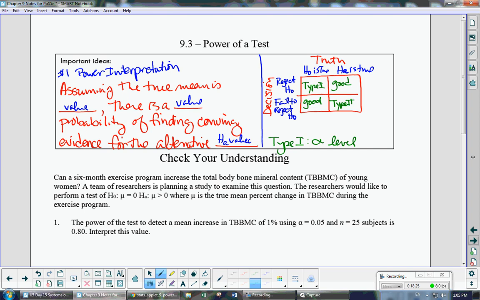Type 2 error is down here. Type 2 error is again saying that the alternative is true, but you don't have enough evidence to say that the null hypothesis is false. So that's the type 2 error. To calculate the type 2 error, it's basically the complement of the power.